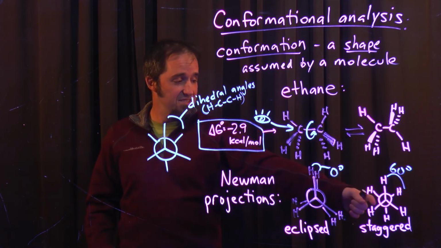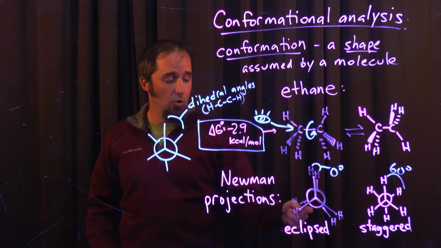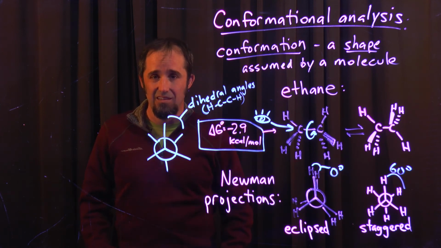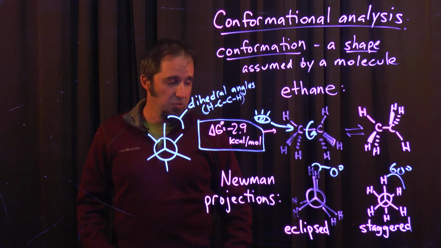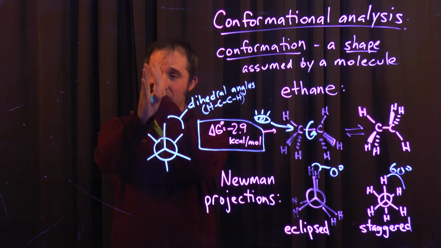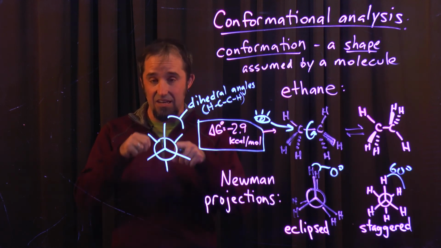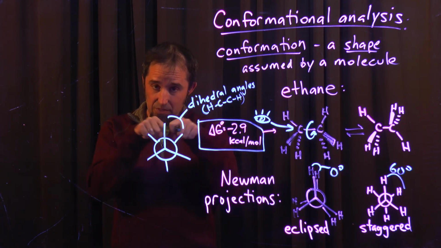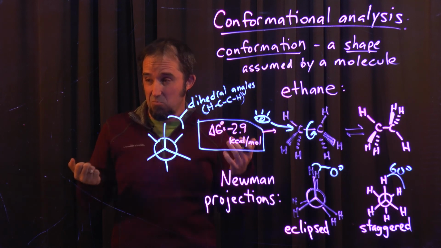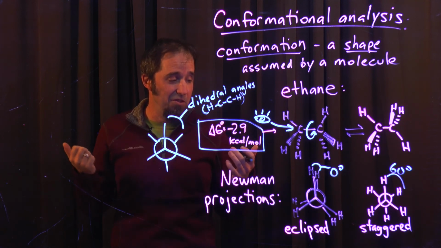So why is this staggered conformation favored over the eclipsed conformation? Well, I think this is intuitive. Here I've got these hydrogens lining up with each other, and they're bumping into each other. These hydrogens have tiny electron clouds, and there's really no better way to say it than bumping into each other.